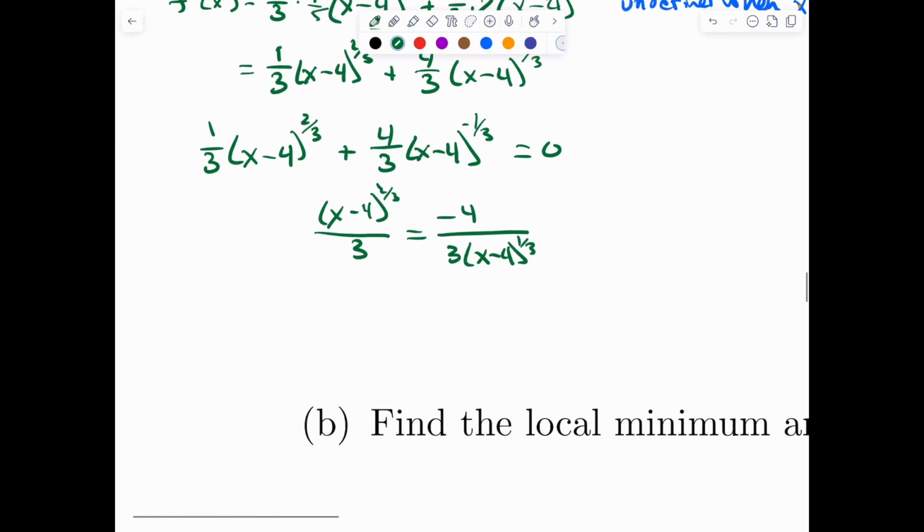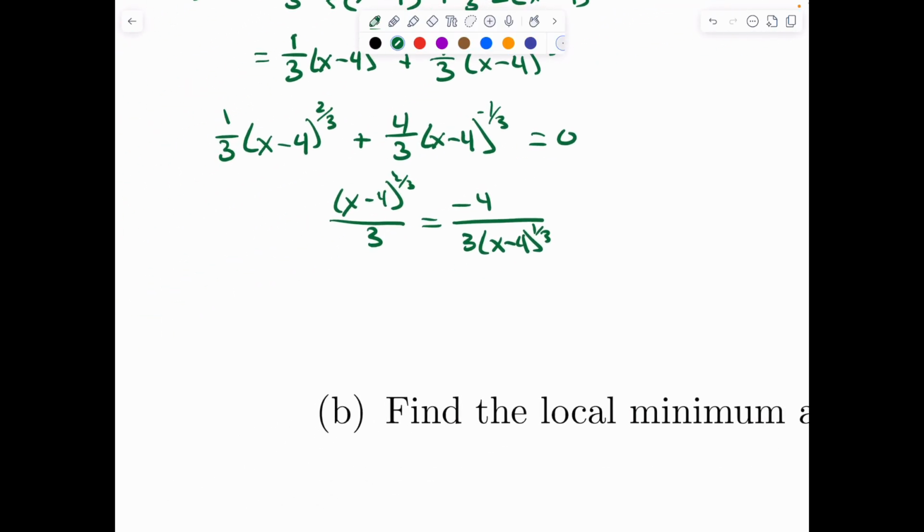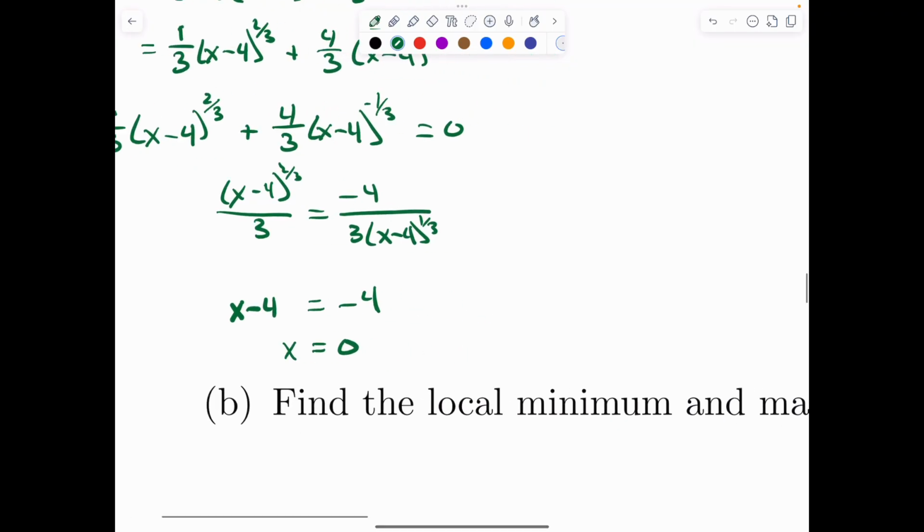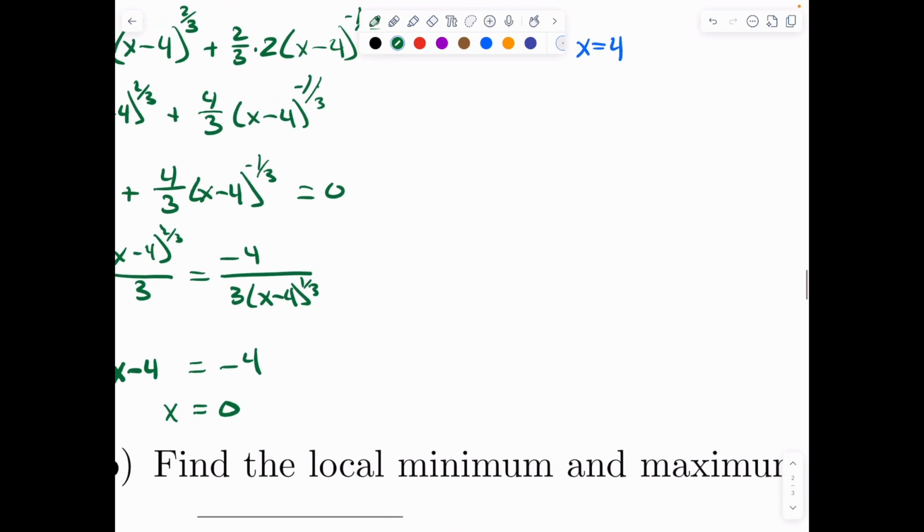So as long as x doesn't equal 4, we're going to proceed this way. So that will give me x minus 4 is equal to negative 4. So that means x equals 0. Okay, so we have the critical numbers.